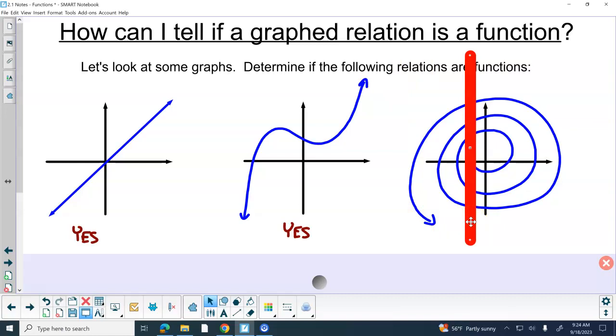Blue can only ever touch red once. So that one is a hard no. Touch that at 6 spots. No?